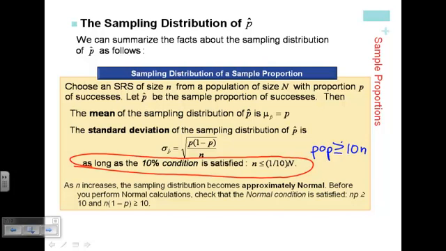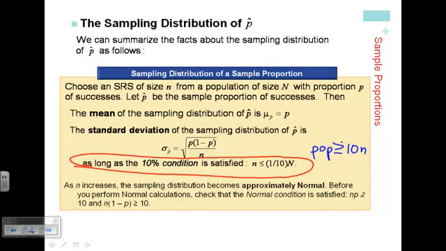Okay. So, to summarize, we know always, always, always the center of p hat. We know sometimes the standard deviation, as long as we meet this population is at least 10 times sample condition.